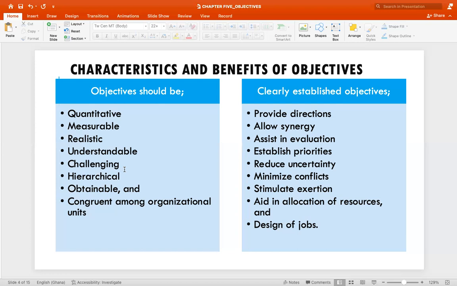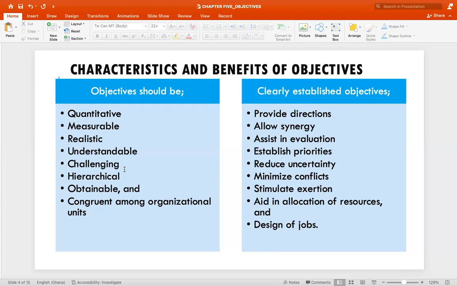Okay, it should be hierarchical. So you must have objectives for the operational or lower level of management, you must have objectives for the middle level, and you must have top level objectives. Depending upon where you operate, there must always be objectives at the various levels. And it should be hierarchical. As the lower level people achieve their objectives, it should help middle level managers achieve theirs.